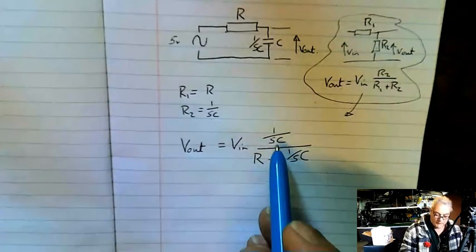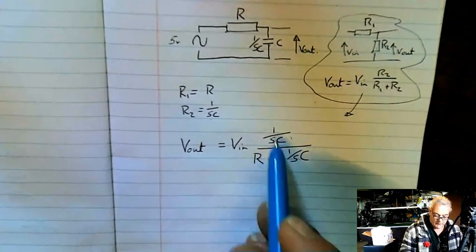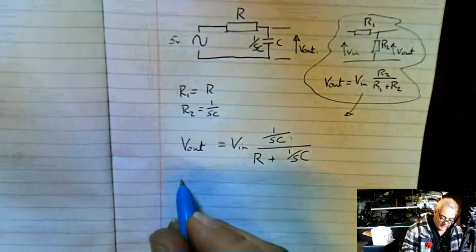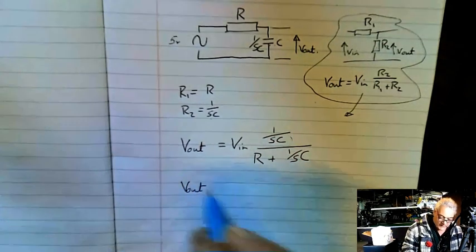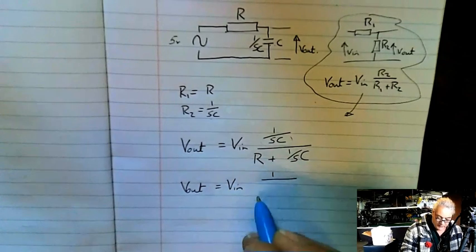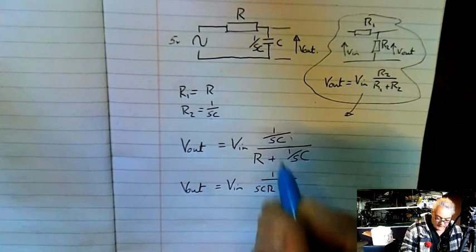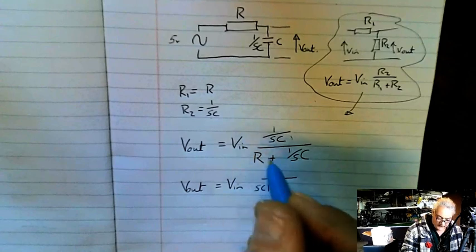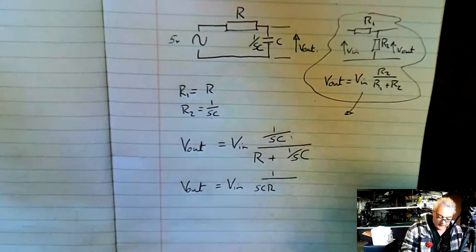Because this 1 upon SC is actually on the bottom, of course. So what that means is V out is equal to V in 1 upon SCR, because we're multiplying through by the SC, so that's the SCR, and SC upon SC is 1.